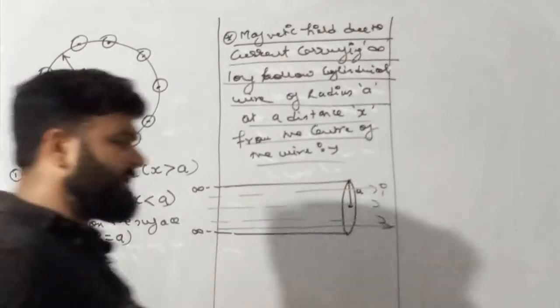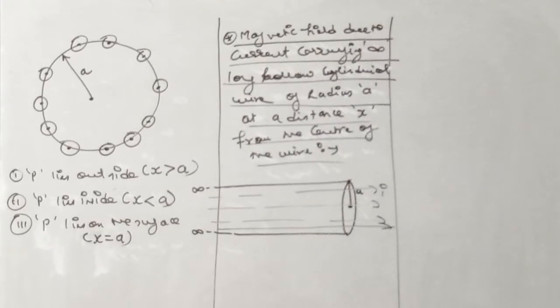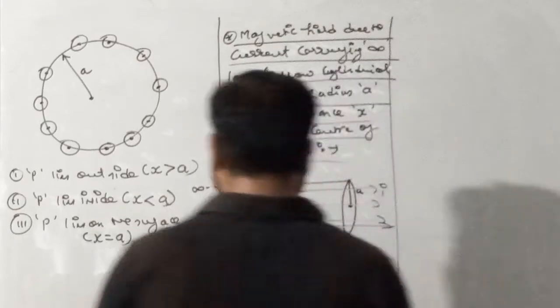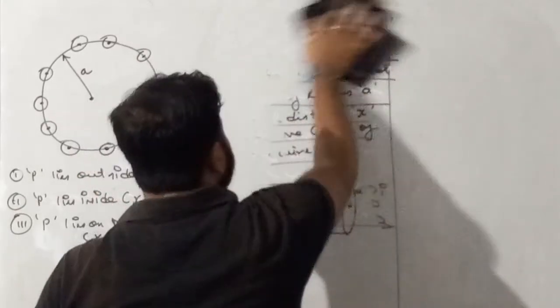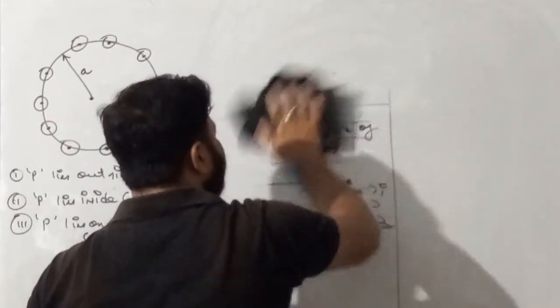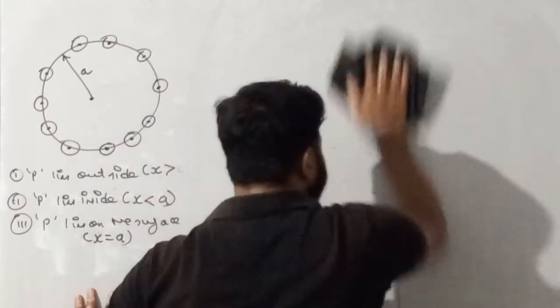So three possibilities are there: P lies outside, P lies inside, and P lies on the surface. First x is greater than a, second x is less than a, and third x is equal to a. So moving forward, let's discuss case first, that is if P lies outside. So write down case 1, if P lies outside.